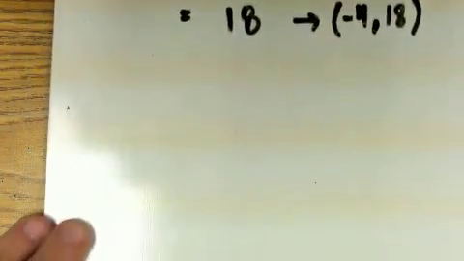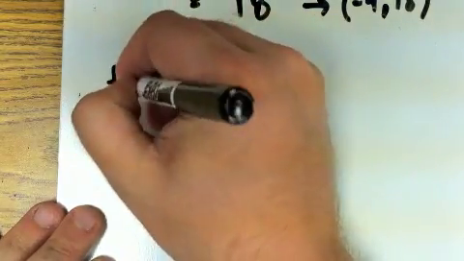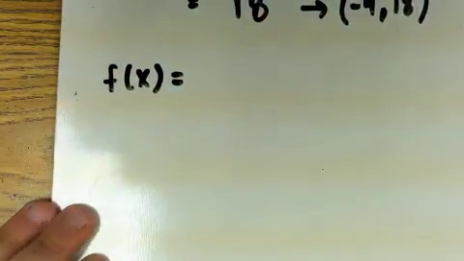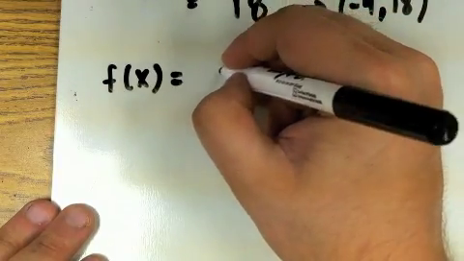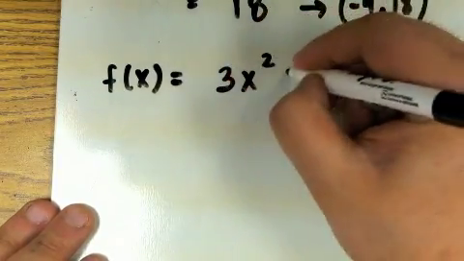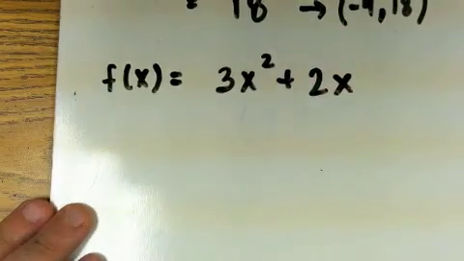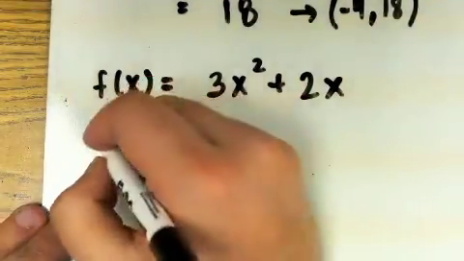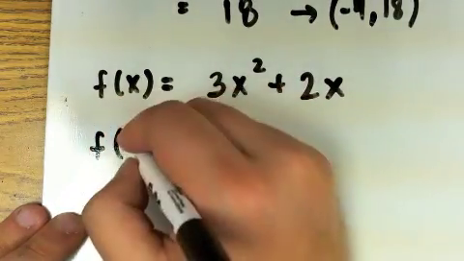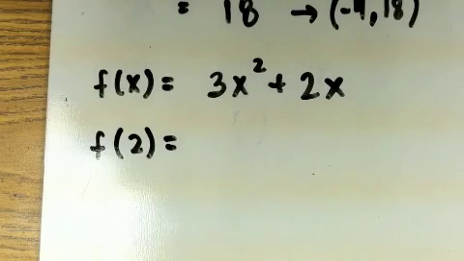Okay, let's do another couple more. So what if I gave you f of x is equal to 3x squared plus 2x? Okay, now don't freak out. And I want you to find f of 2. Okay. Can you see where I'm going to make a substitution here?